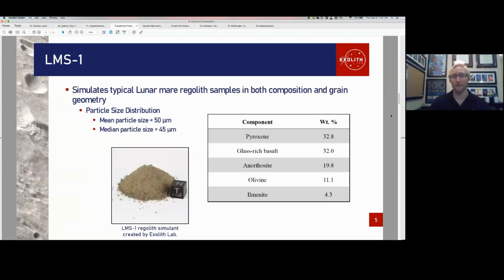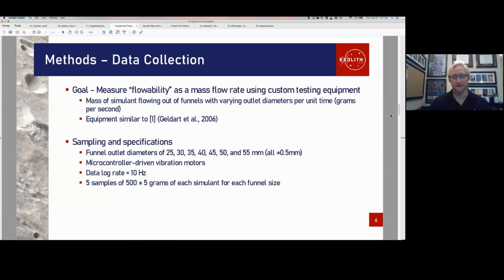LMS1, our lunar mare simulant, has a more mafic and mineralogically diverse composition than that of LHS1, as shown in the table here. The mean and median particle sizes of LMS1 are slightly smaller than that of LHS1 at 50 and 45 microns, respectively.